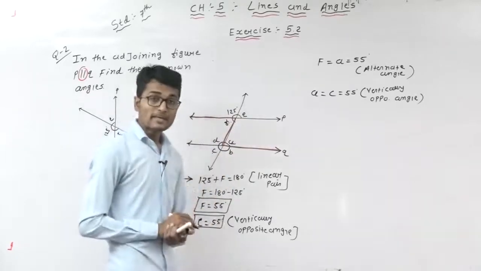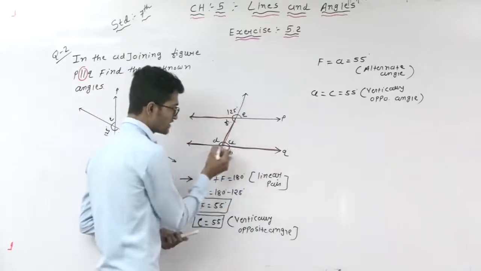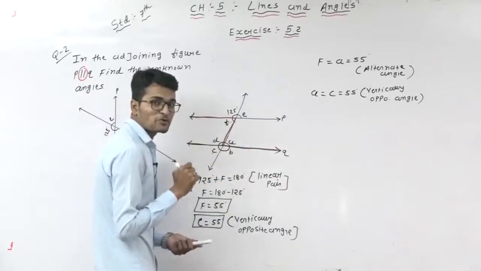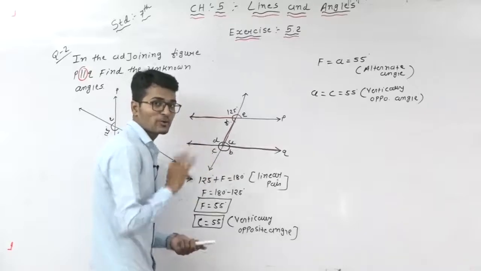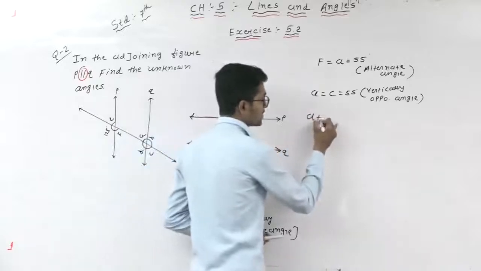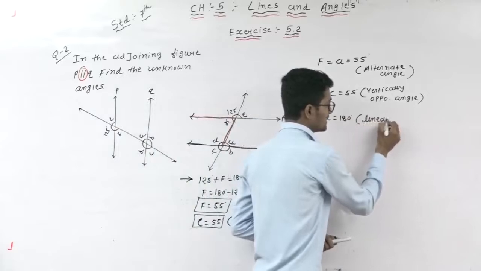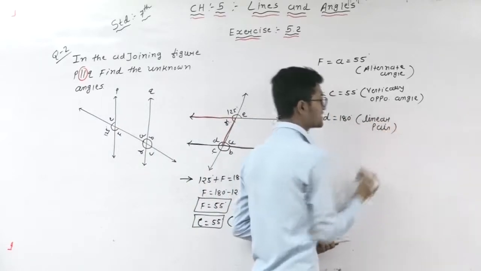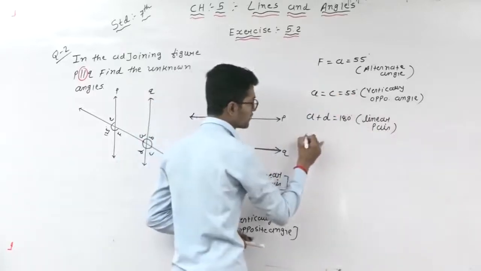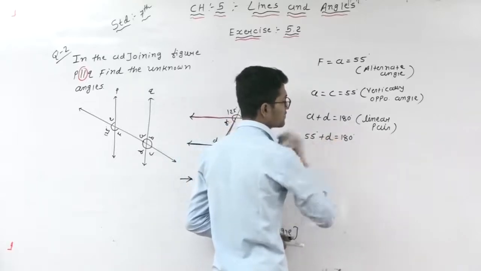Now how to find B and D? Dear students, here also is one straight line, and this straight line is divided into two parts. A straight line means a linear pair, and the addition of the two angles is equal to 180. So A plus D is equal to 180. Why? Because this is a linear pair, and the addition of a linear pair is equal to 180. A value is given, 55, plus D is not given, and this is 180.